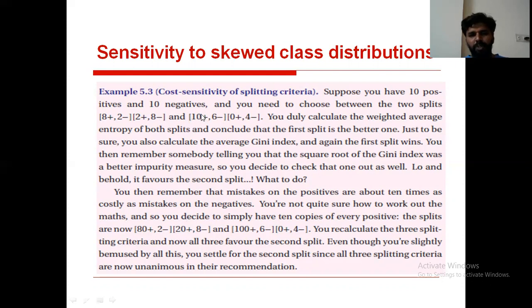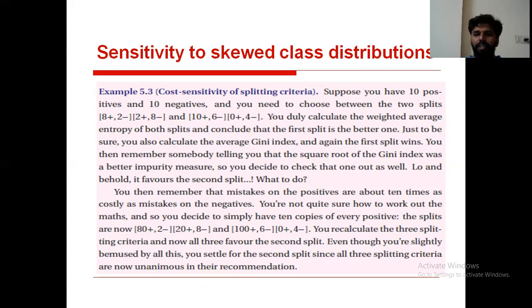And there are 10 positives, 10 into 10, 100 positives, and no change in negatives. And 0 positives, 0 into 10 means 0, and no difference in negatives. Got the point? Then you need to recalculate the same, like entropy, Gini index, and square root of the Gini index, right?